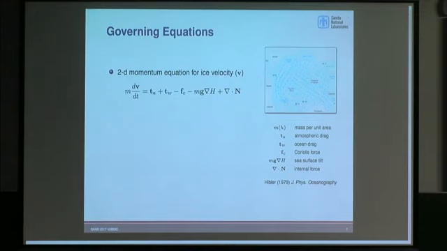You integrate through the thickness, so instead of a density we have mass per unit area, and our internal force uses a depth integrated stress tensor, N, and we have forcing from atmosphere, ocean, Coriolis, and sea surface tilt.